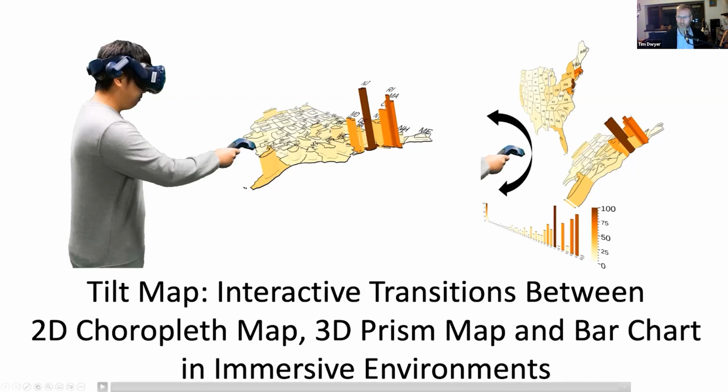So when you're looking at it directly from above, it's a choropleth map, and then when you tilt it, it turns into a prism map, and when it's fully horizontal to you, it becomes a bar chart, like as you see there. Let me play that.